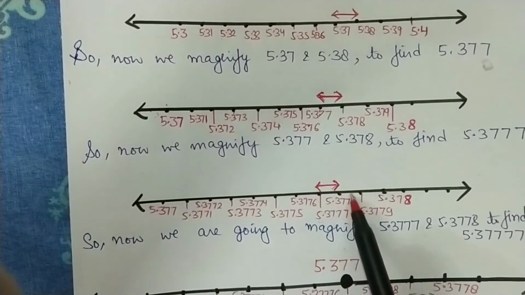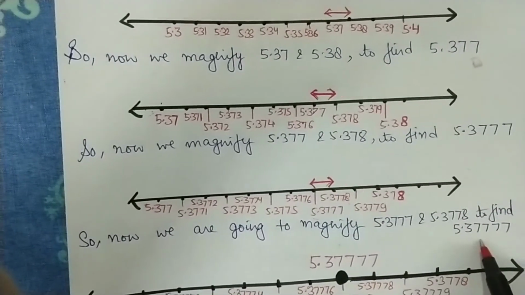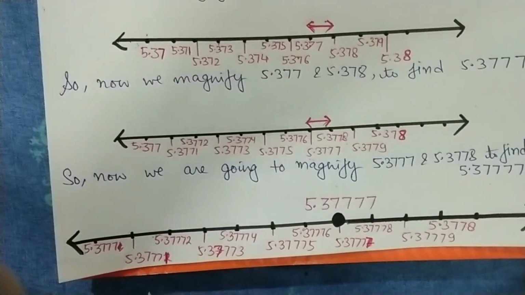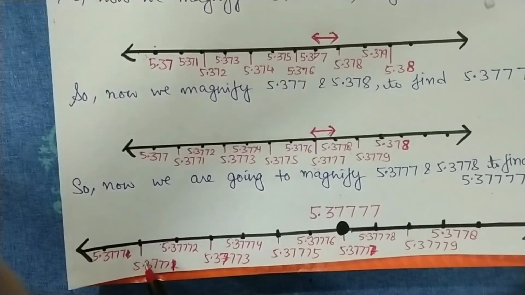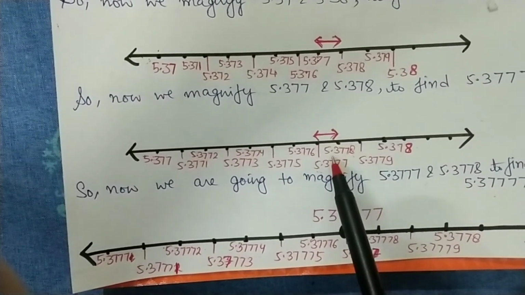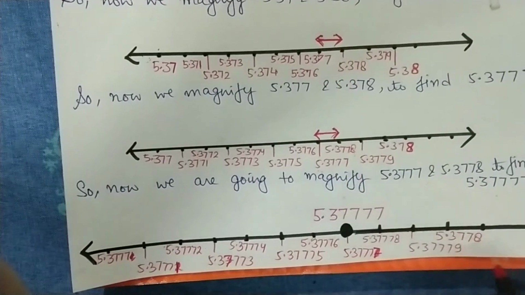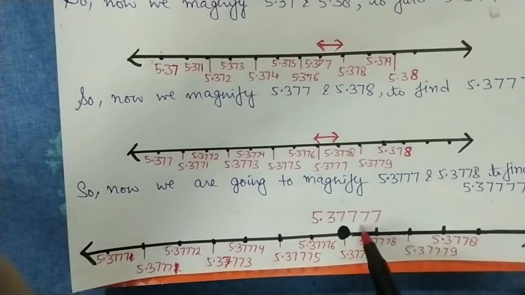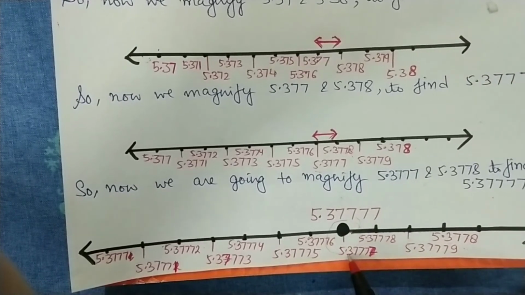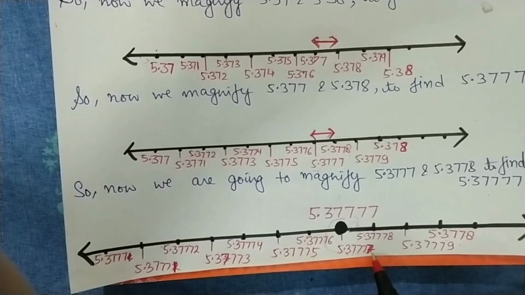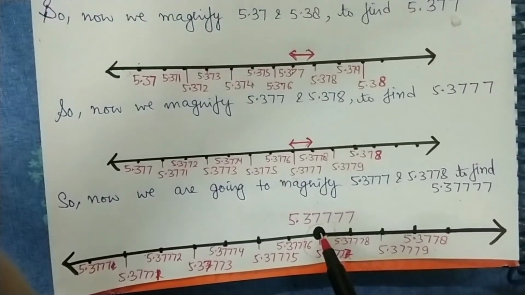Then we have to magnify this in order to find 5.37777. Lastly, we magnify from 5.3777 to 5.3778. Look over here, I have magnified it. Now here you are getting the point 5.37777. This would be your answer.